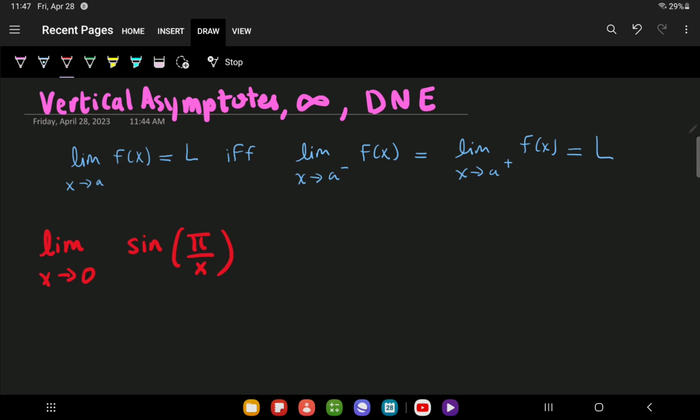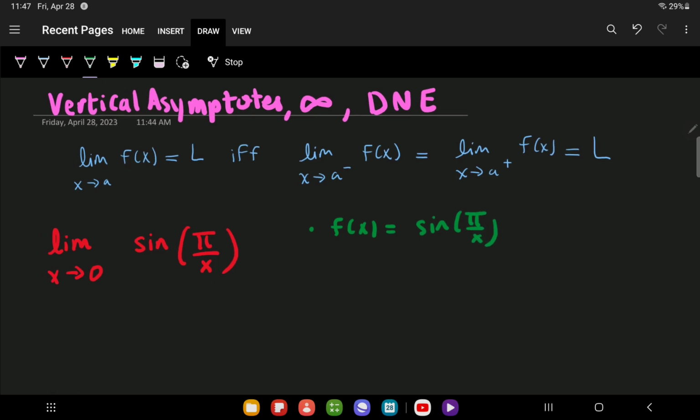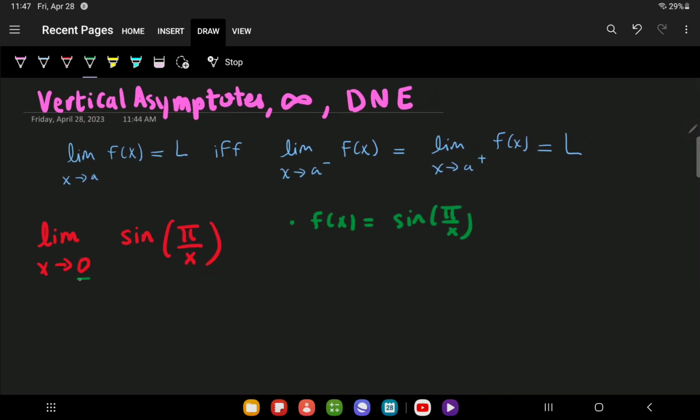So let's do some sanity check. If we actually plug in some values, here f of x equals sine of pi over x. If I plug in values on both the left and right hand side of 0, what do I get? So f of 1 is just sine of pi, which, friends, is just 0 from your unit circle knowledge.